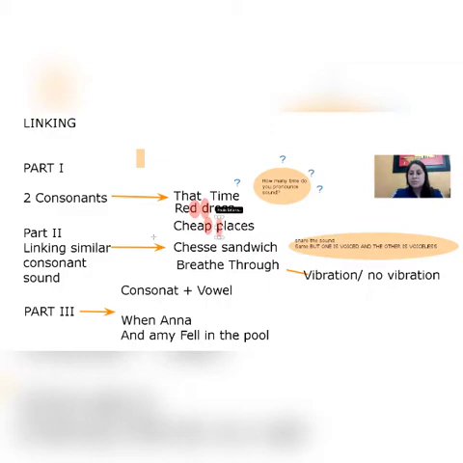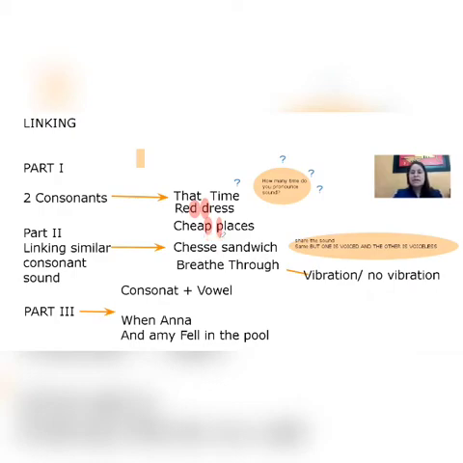"Cheap place": the last sound of that word is p, and the next word starts with the sound p. So you only have to link that sound to make a linking word at the moment of speaking.